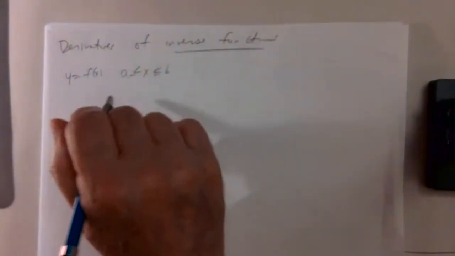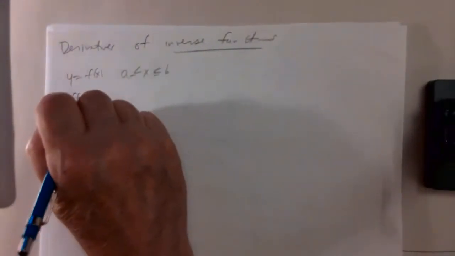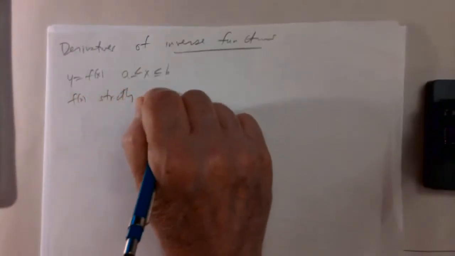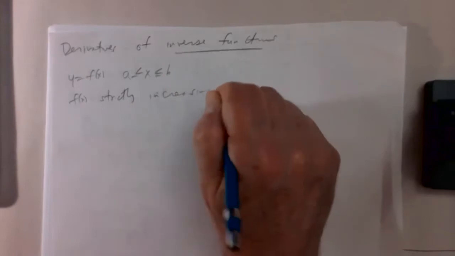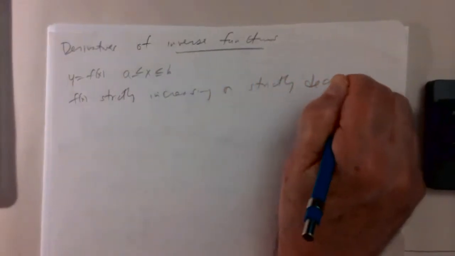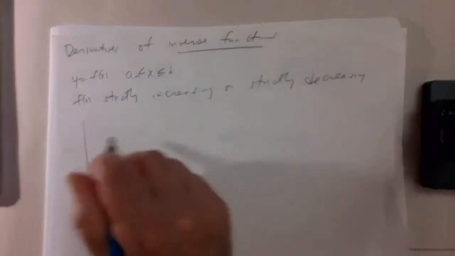Suppose you have some function y equals f of x, let's say for x between a and b, and suppose f of x is either strictly increasing or strictly decreasing.